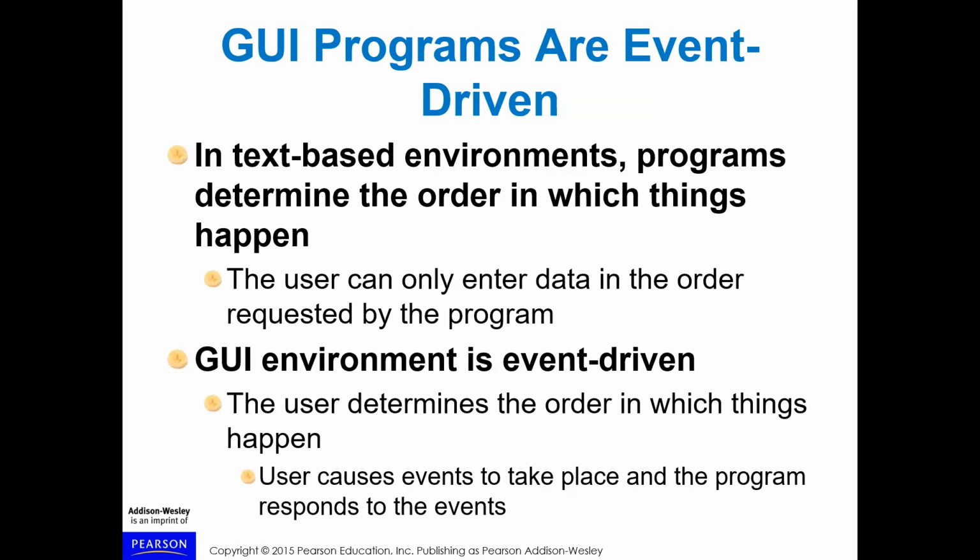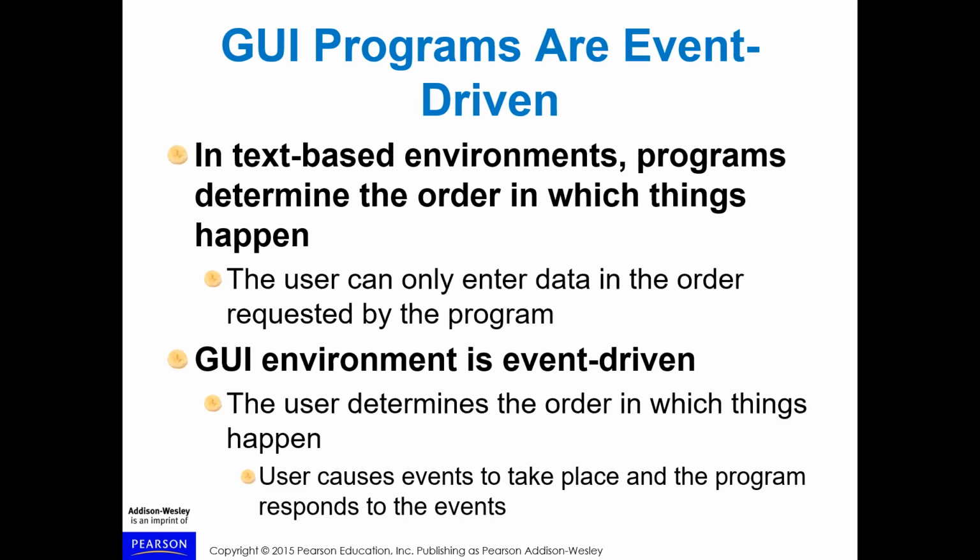So GUI programs are event-driven, which is a concept you probably learned when you took your 110 class. If you haven't taken it, event-driven just means that whereas a console is sequential, you type something and then you have to type the next thing and the next thing, always in a sequence like that.